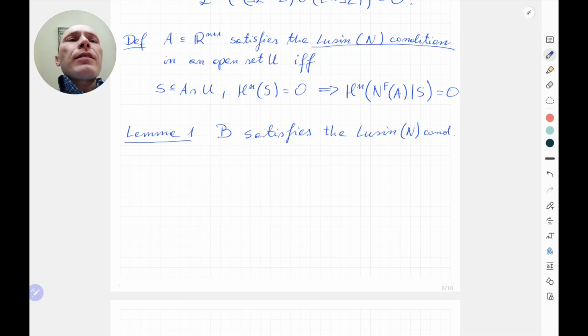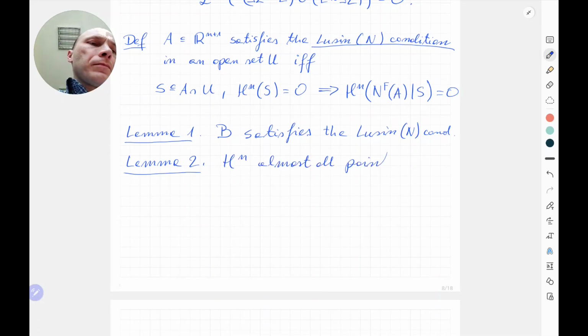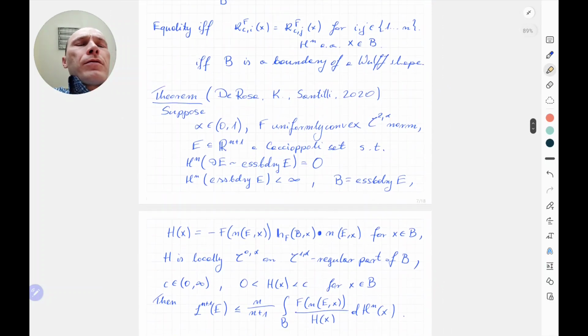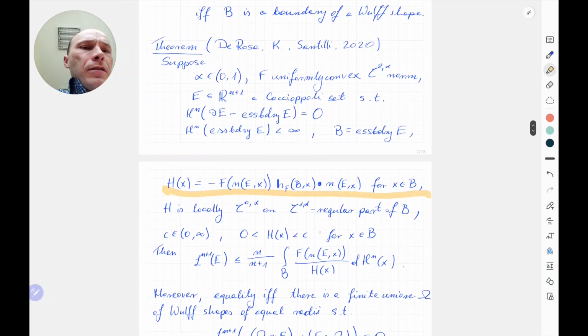And the second thing is the regularity theory. For that we of course need to use this assumption that H is C^{0,alpha} locally.